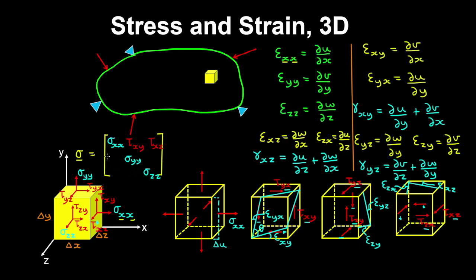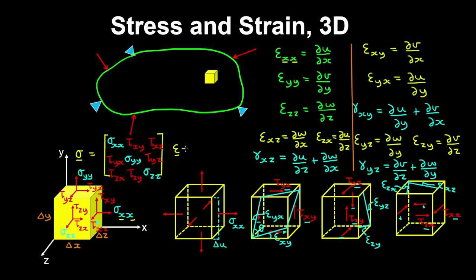And in the second row, we have the shear stress on the face with the normal in the y direction. And finally, we have the shear stresses acting on the face with the normal in the z direction.